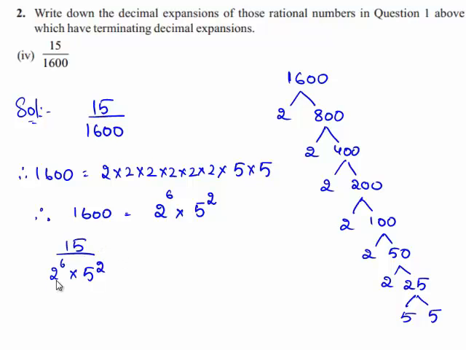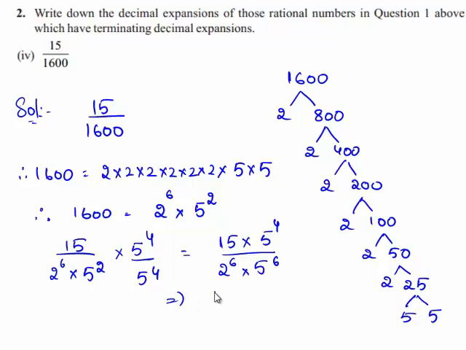So 15 upon 2 power 6 times 5 square multiplied with 5 power 4 by 5 power 4. So from this we have 15 times 5 power 4 by 2 power 6 times 5 square times 5 power 4 gives 5 power 6.